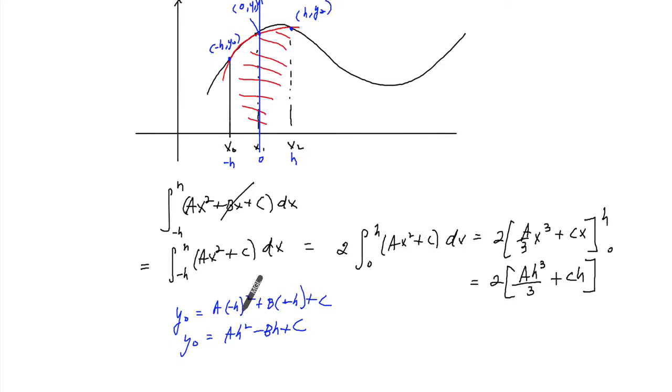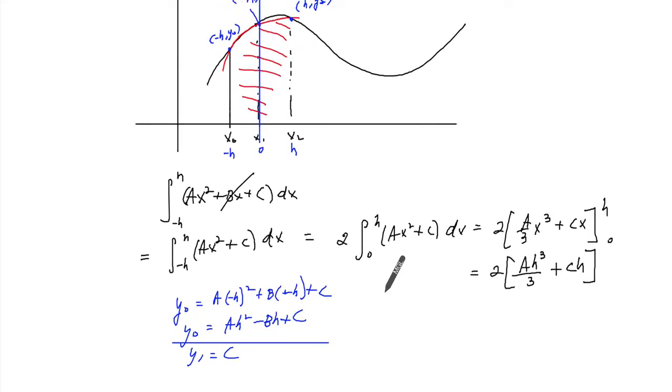That's one condition that we get. Let's now plug in 0 and y1. For that, if you plug in 0, you get c. So c is equal to y1. And for y2, let's write it here. y2 is equal to ah squared plus bh plus c.